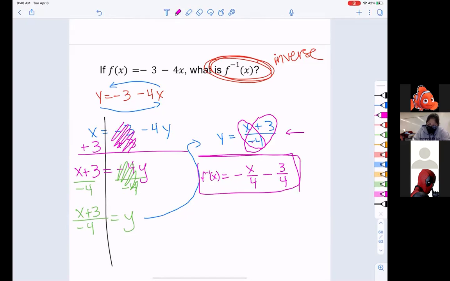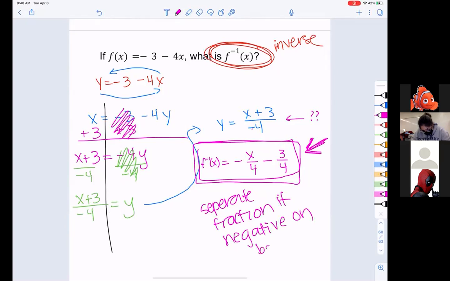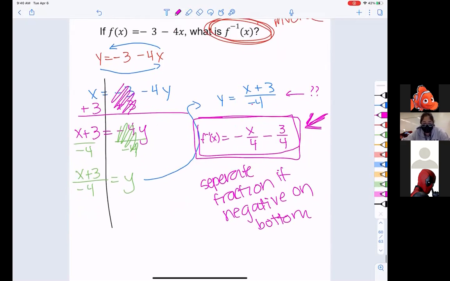And this would be my super acceptable answer. This one up here, somewhat acceptable, very unsure. If it shows up, then yes, pick it, but you'll probably have to separate the fraction if it's a negative on the bottom, okay? So separate the fraction if negative on bottom.